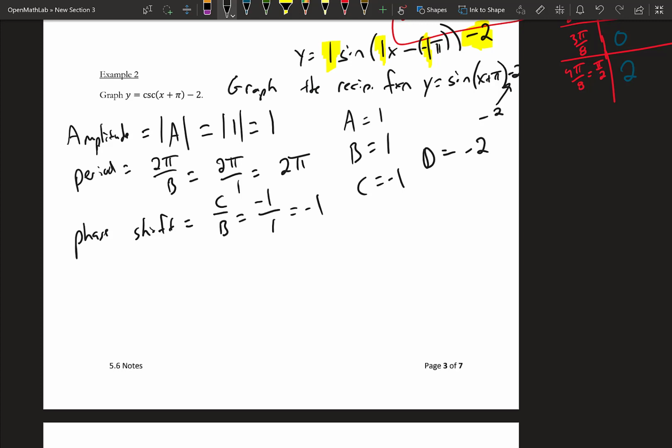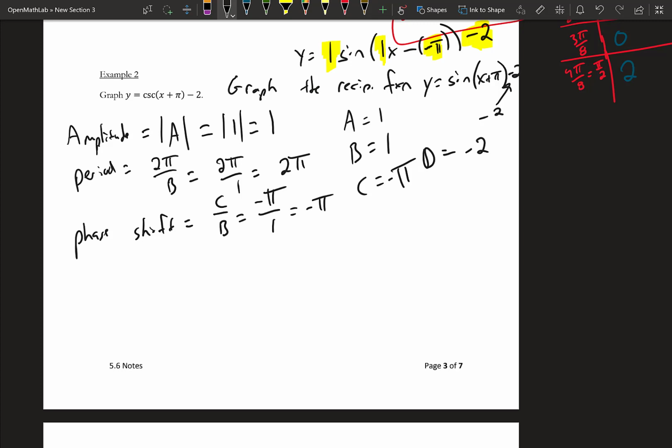Excuse me. I should have included all of that, that's why I didn't write the 1 originally. Let me fix this. So negative pi, this whole part should have been the c value, right? So this should be negative pi for c. So what we have is negative pi over 1, which of course is negative pi.